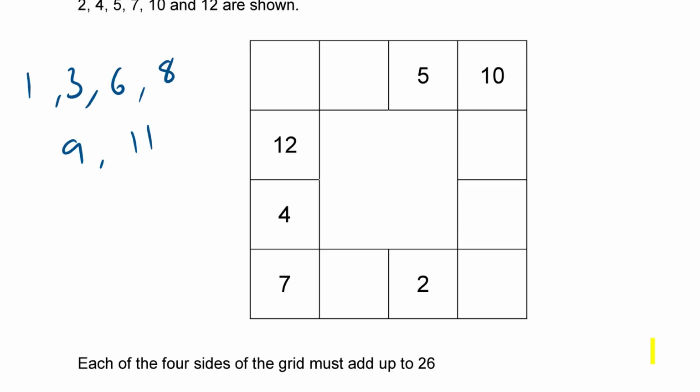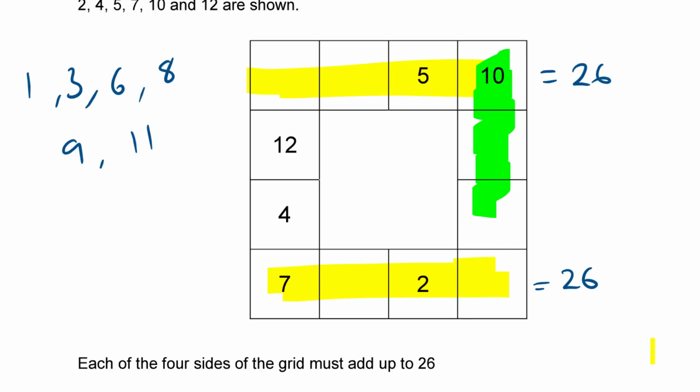Now I've been told that each row has to add up to 26. So these 4 numbers here need to add up to 26. And these 4 numbers here need to add up to 26. And each column needs to add up to 26. So this column needs to add up to 26.